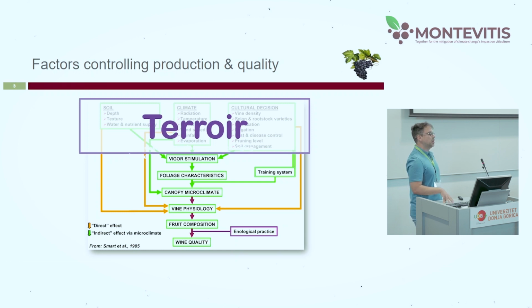From these three, there are usually two that are fixed. From one year to the other, the soil doesn't change. The cultural decisions from one year to the other also don't tend to change, but the weather can be significantly different from one year to the other, particularly in the later years and in the last decades.